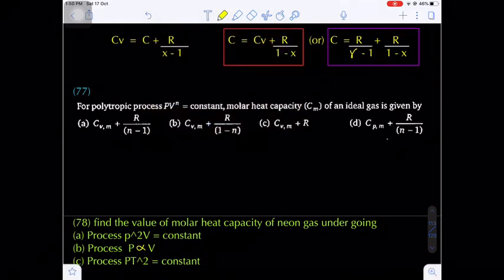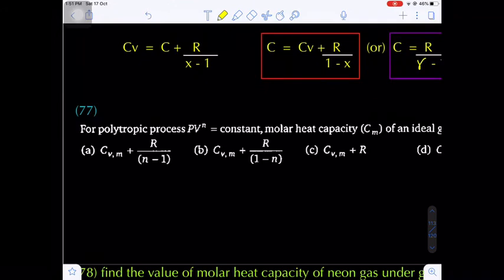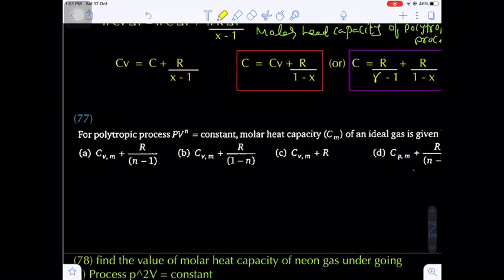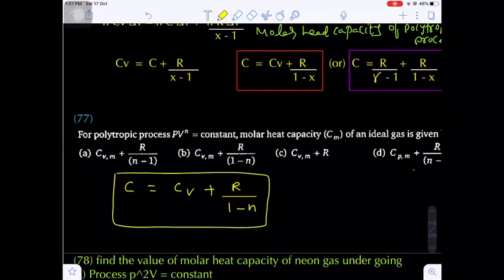Let's see number 1, that is question 77. In a polytropic process, that is PV to the power n equal to constant, what will be the molar heat capacity? The molar heat capacity C will be equal to Cv plus R upon 1 minus x. But here the exponent value is given as n. So this will be the molar heat capacity of a polytropic process.